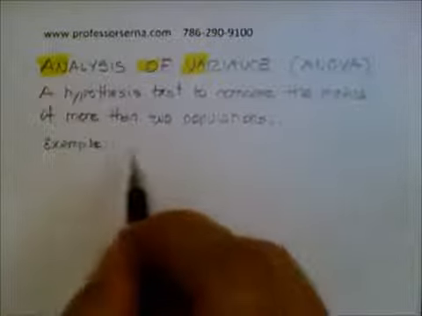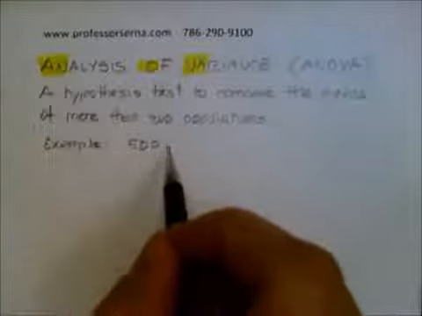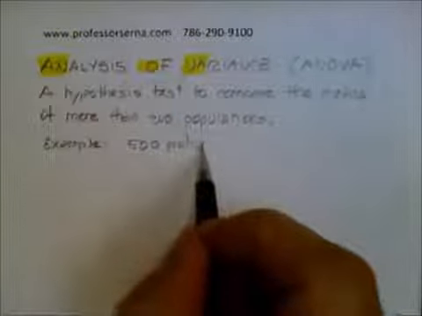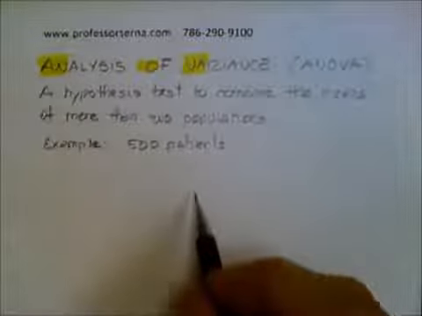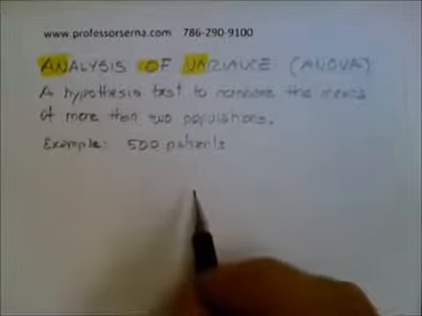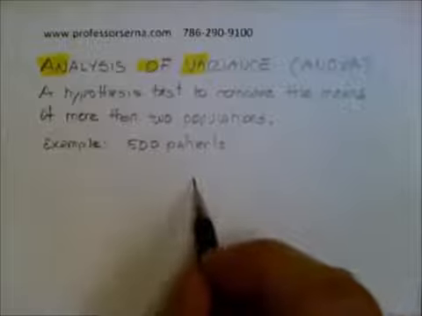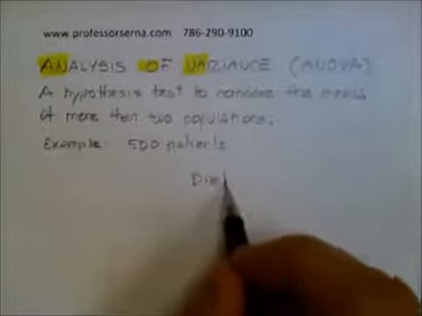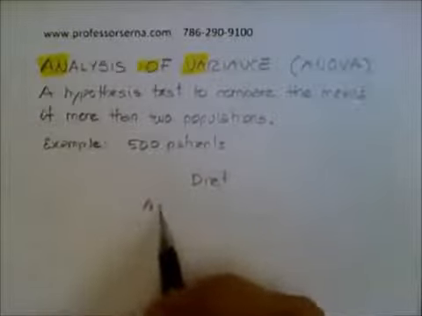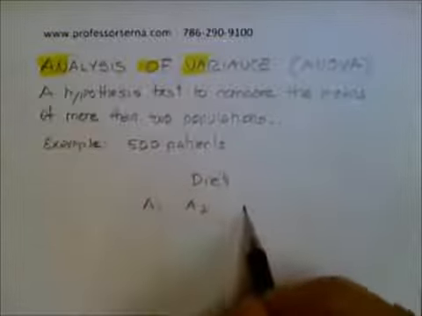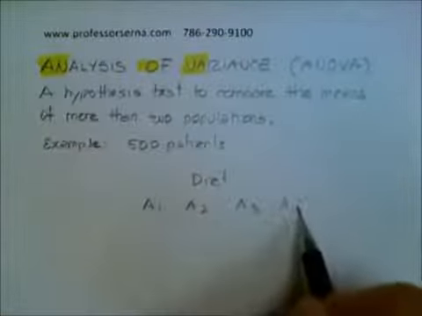Let's say that we have 500 patients, and in this example, we have several diets, right? Let's call the diets A1, A2, A3, and A4.